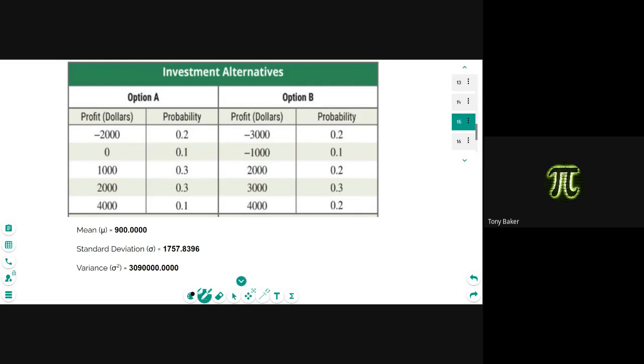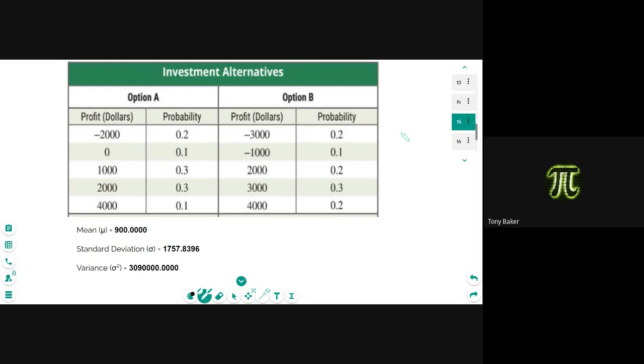Otherwise, you'd be losing money. It doesn't tell me how much I'm putting in, because in this respect it's just looking at profit. So it doesn't really matter how much you put in. So in this case, you expect to earn a profit of about $900.